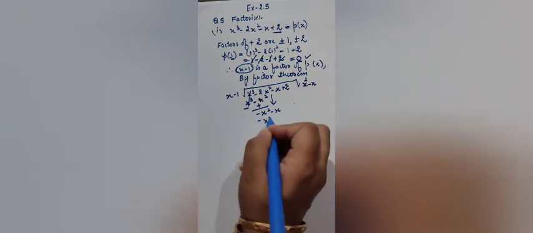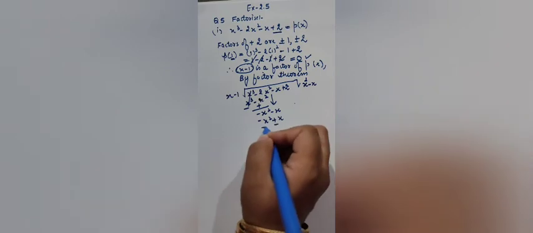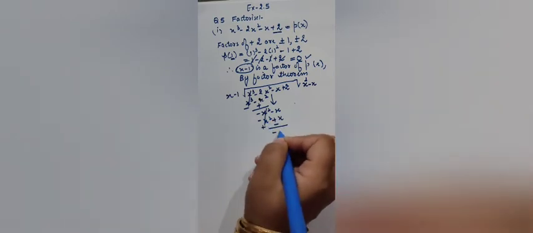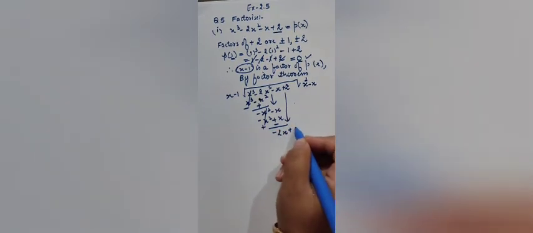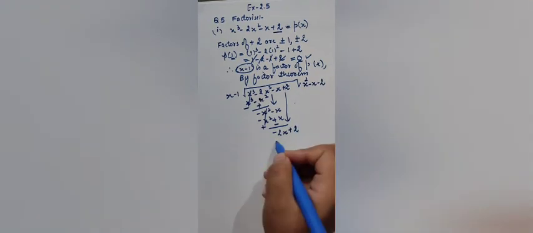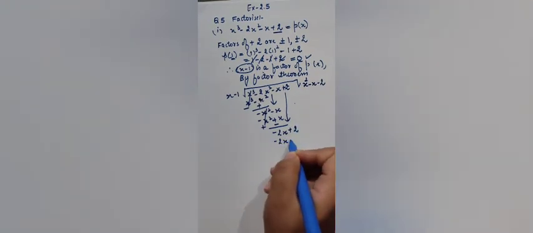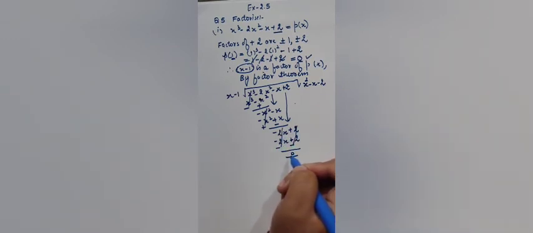So I will get minus x square, minus 1 and minus x will be plus x, so signs will be changed again and it will be cancelled, and I will get minus 2x here, and from here I will get plus 2 here. So I will multiply again with minus 2, and I will get minus 2x minus, minus plus 2, the signs will be changed and both will be cancelled, and I will get the answer as 0 here.